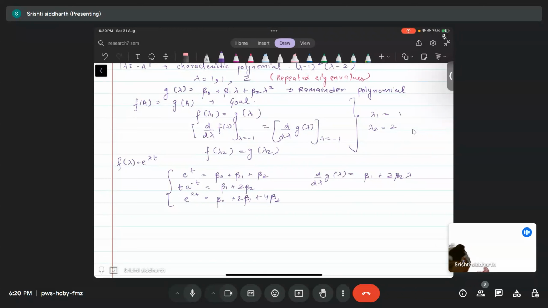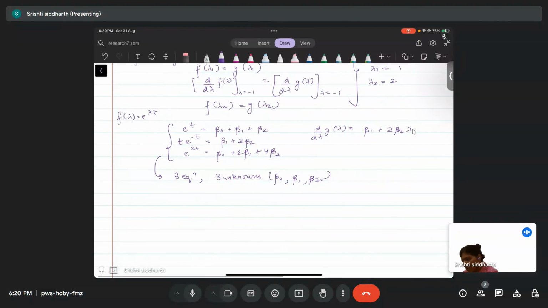Okay, so these are three equations and three unknowns, which are beta 0, beta 1 and beta 2. So you can solve this equation. You already know how to do this, right? So you form this matrix times beta 0, beta 1, beta 2 equals the vector with e to the power minus t and so on. We have 1, 1, 1, 0, 1, 2, 0, 2, and 4.